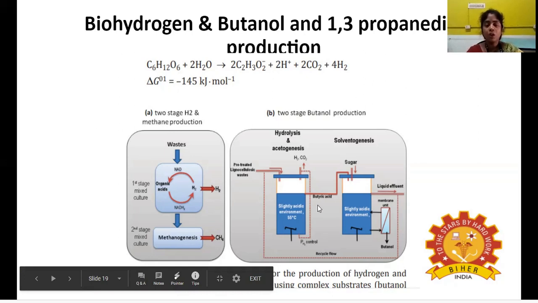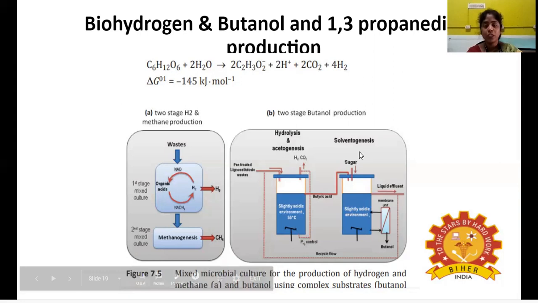And when we talk about butanol production, here there is an organism that uses an acetogenesis process and a solventogenesis process. So here we use an acetogenic bacteria.